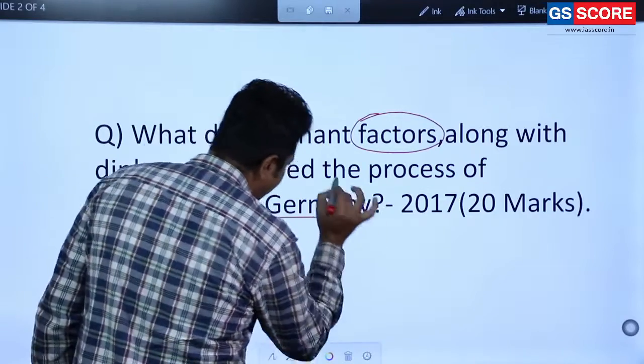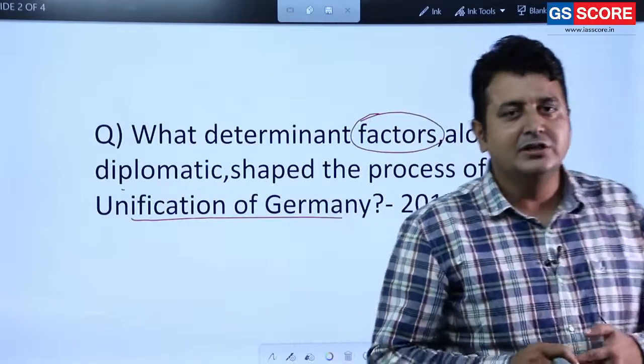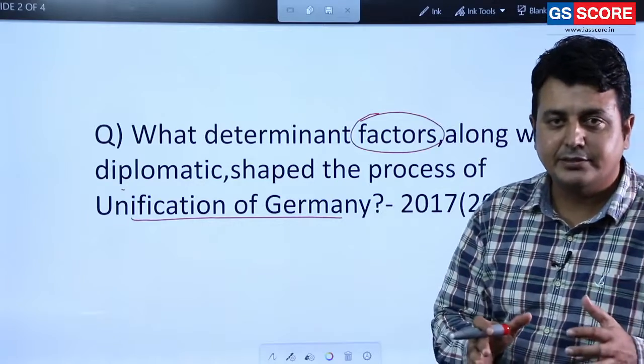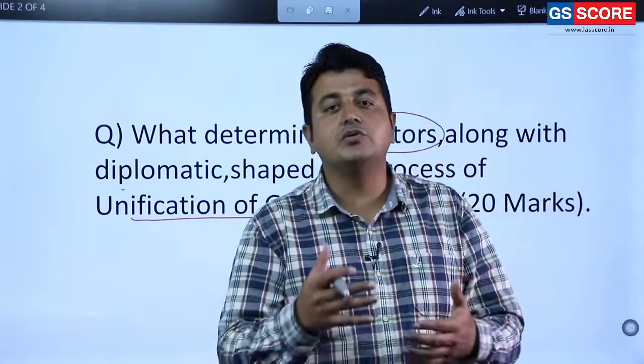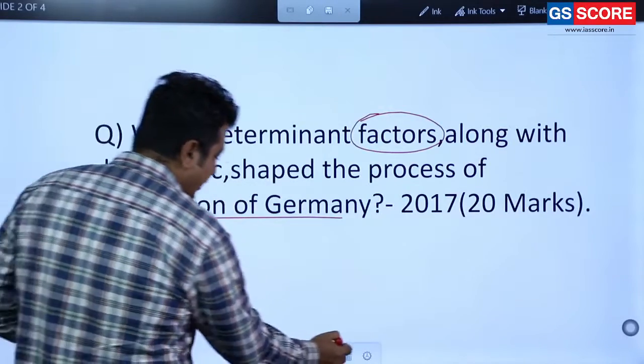So this question is related to the unification of Germany, and they are talking about the factors. One factor they mentioned is diplomatic. The other factors we are going to discuss here. Clear?